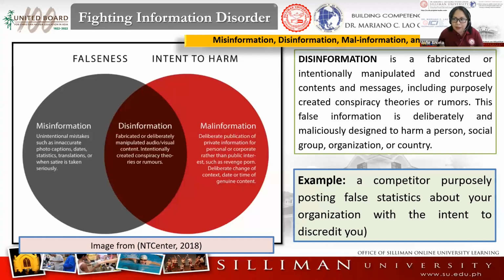Meaning this type of information is really not real, in the sense that it was made up, and it has to be disseminated so that people will believe it. So this is more of the real core of information disorder. It was created with the intention of harming others.